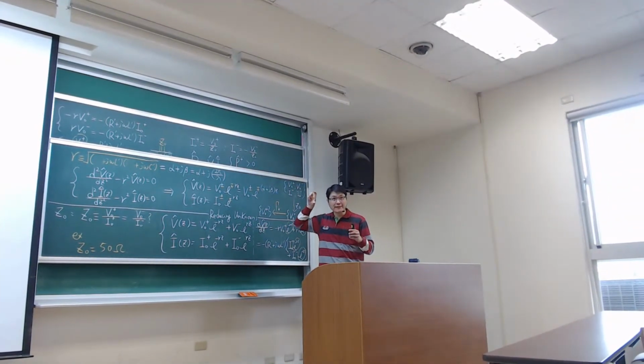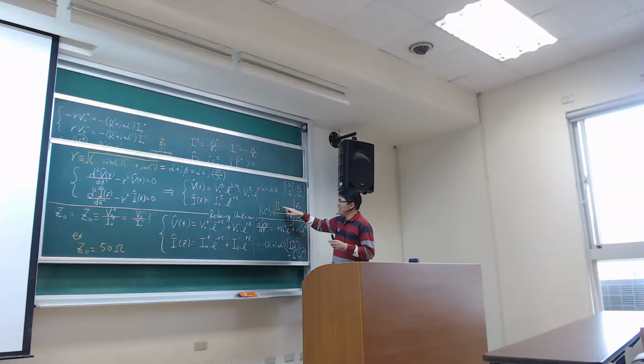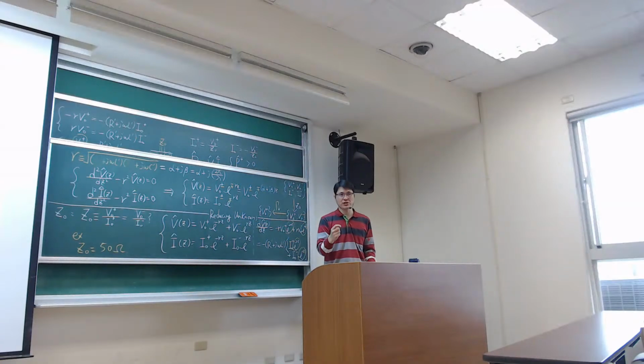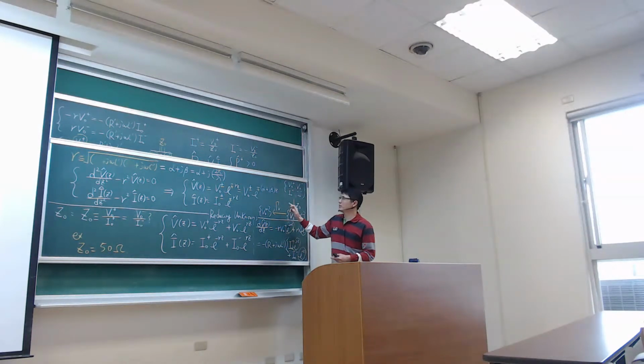Having the load connected to the end of the transmission line, I can relate V0 minus to V0 plus with a known reflection coefficient. This gamma V is called the voltage reflection coefficient. Then the entire system can be solved just by knowing the forward voltage amplitude, and everything is solved.